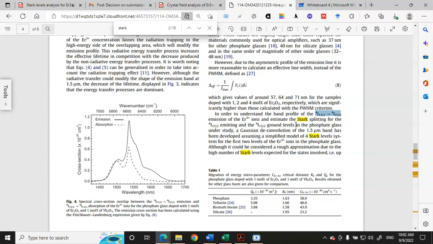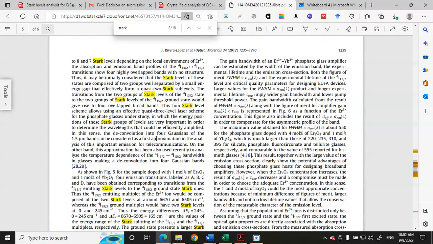To find the Stark splitting, how can we find it? We must do a Gaussian deconvolution. Here we have a description of how the deconvolution can be considered.